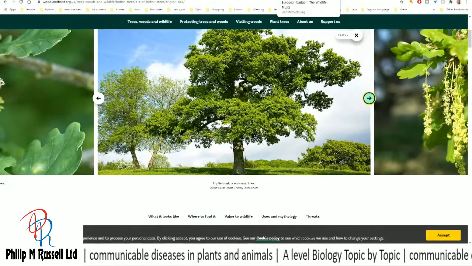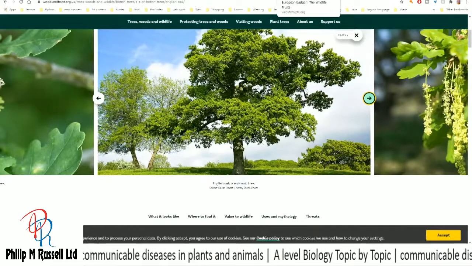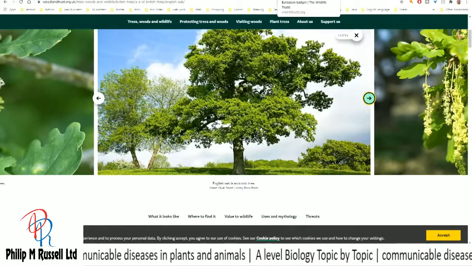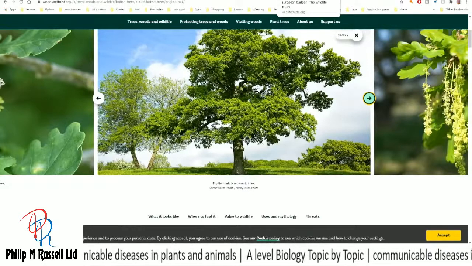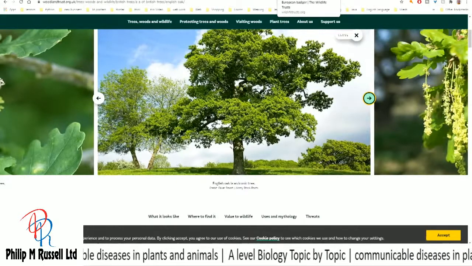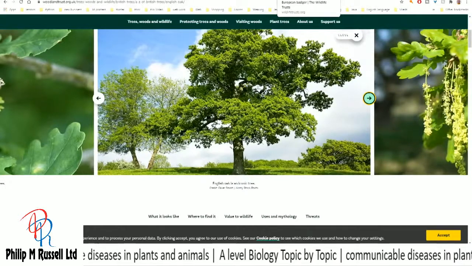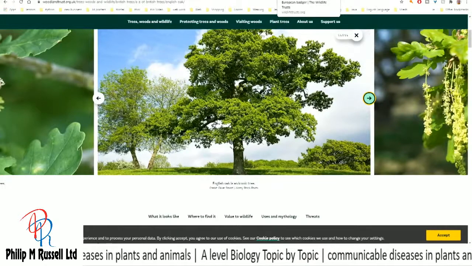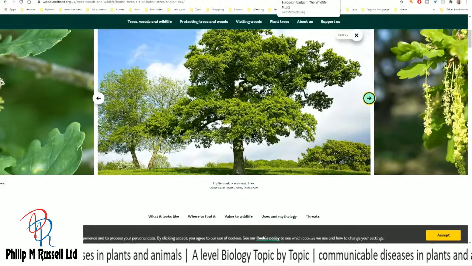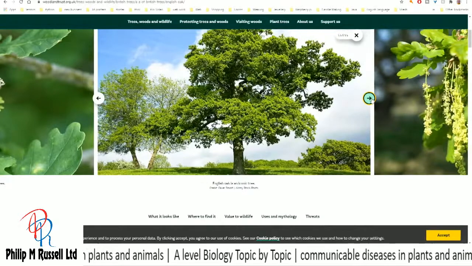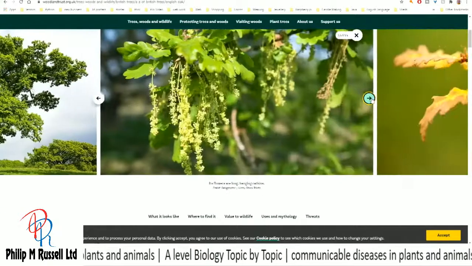There are in fact quite a lot of different types of oak, and they are home for hundreds of different insects and many different lichen. They are really familiar plants that we see growing in the English countryside.